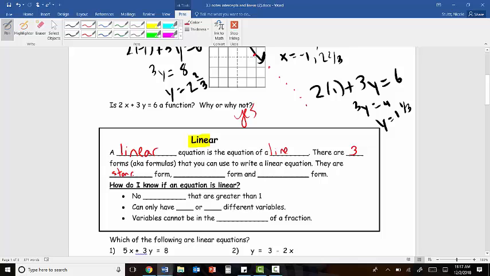That one is not so popular. We don't use that a lot. The next one is point slope. And the one we'll focus on the most is slope intercept, which is y equals mx plus b.